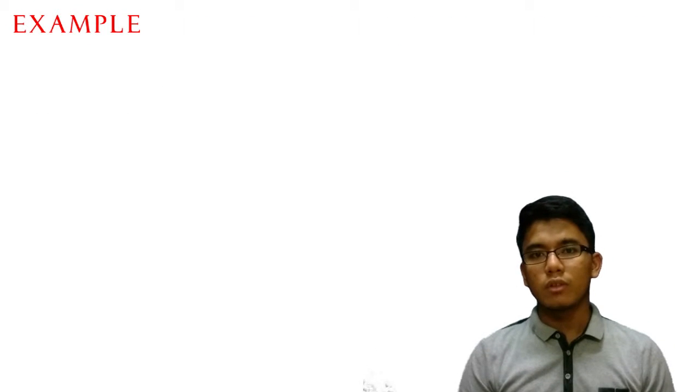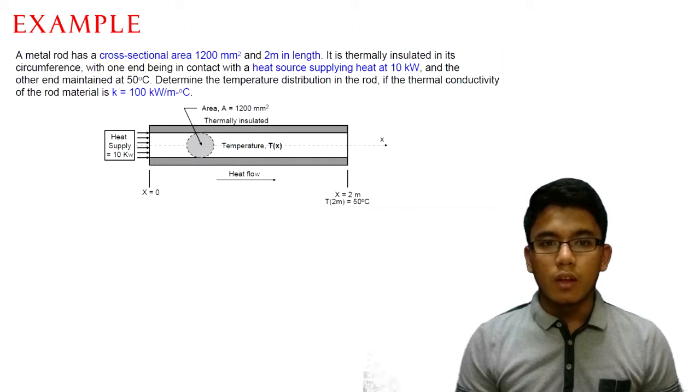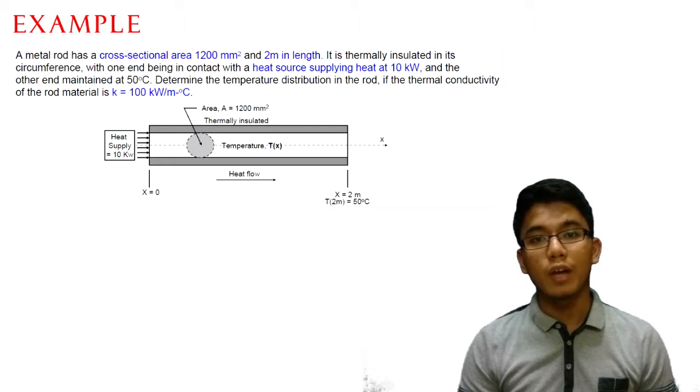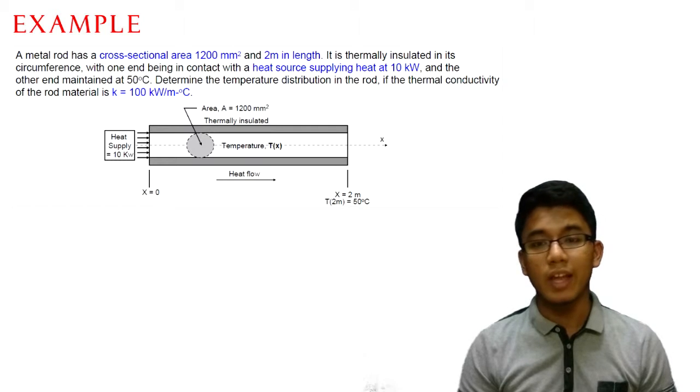Let's take a look at an example question regarding Fourier's law. A metal rod has a cross-sectional area of 1,200 mm² and 2 meters in length.